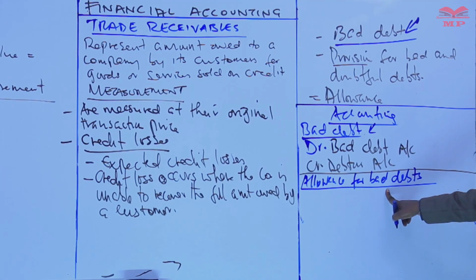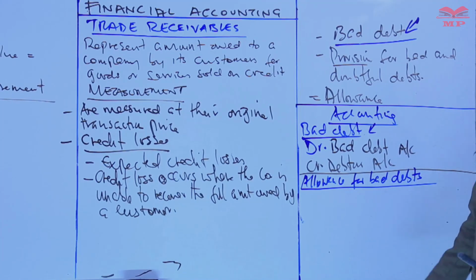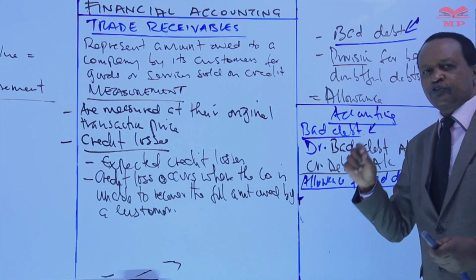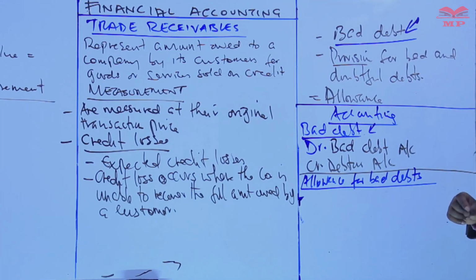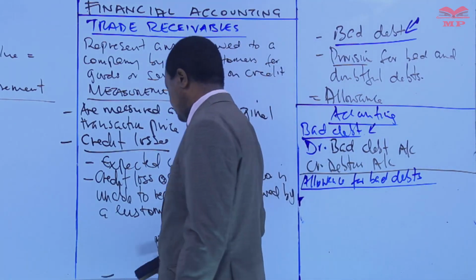Now, the accounting treatment of the allowance for doubtful debt depends on the year of trading. Please pay attention.